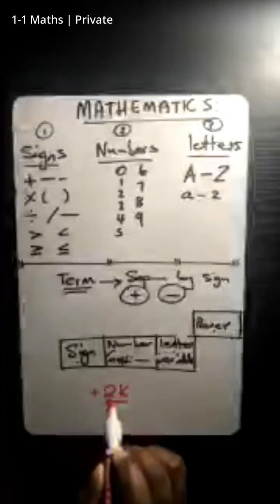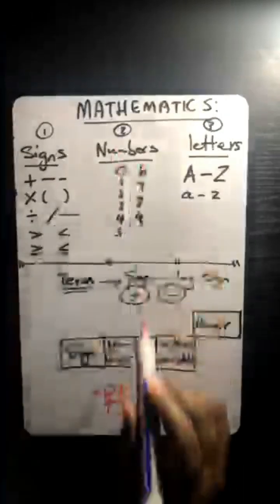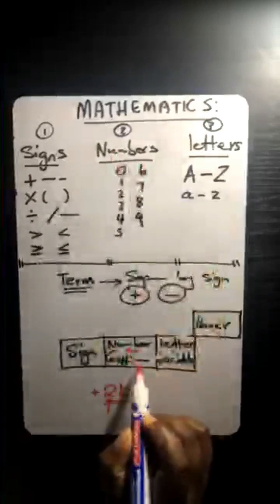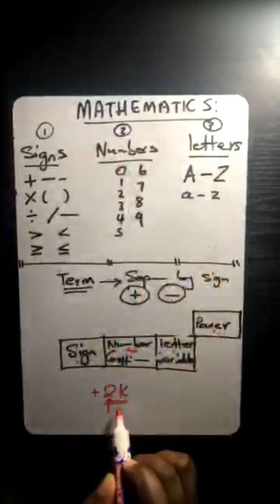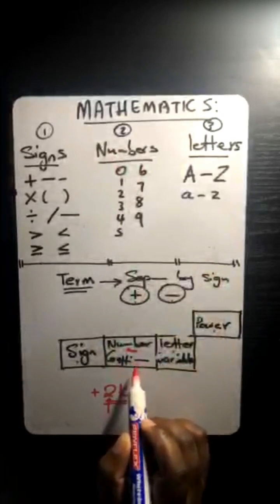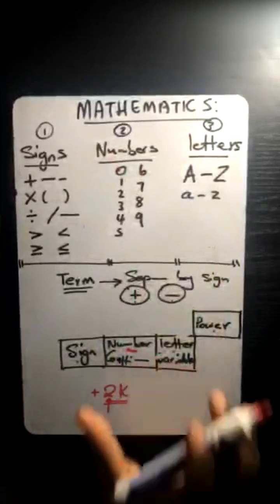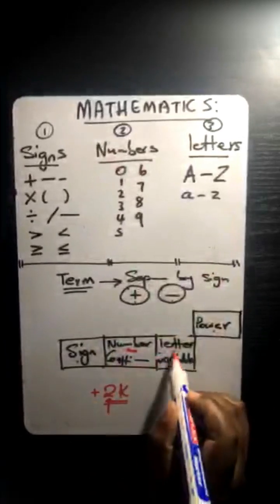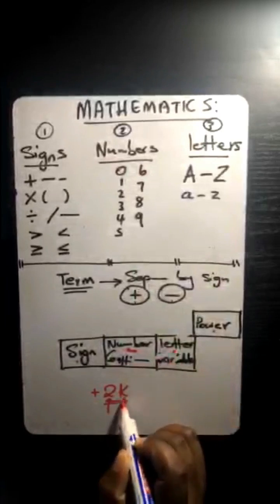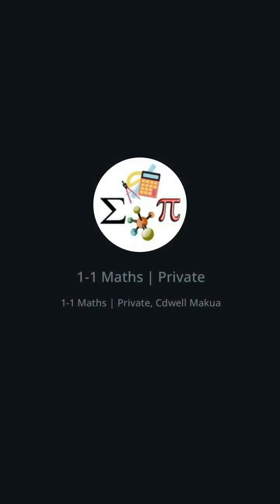And then the number is 2. If you like, you can call it a coefficient. When we talk about a coefficient, we're referring to a number on the term. And then the letter obviously is the letter K. If you like, you can call it a variable.